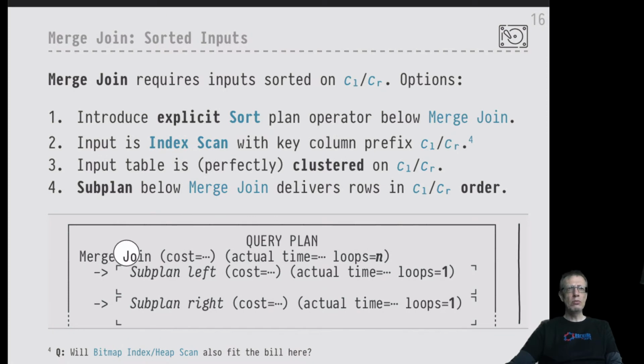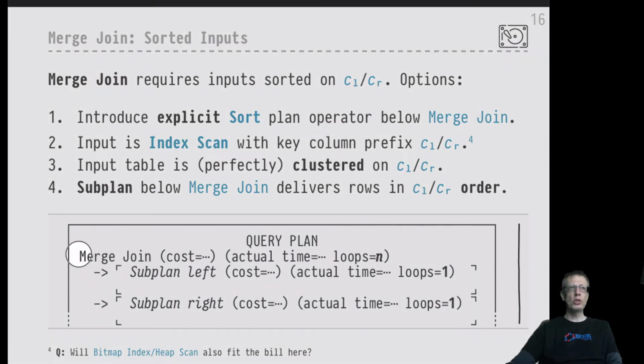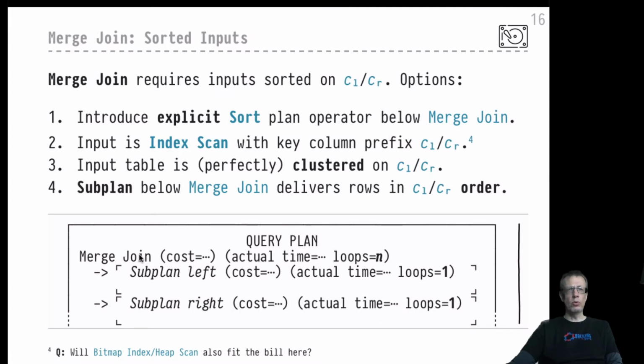So any subplan that already delivers its rows in such an interesting order, interesting from the viewpoint of this merge join, would be very welcome. It would actually lead to a no cost alternative. We would just exploit the order that is present anyway in the left or right input.